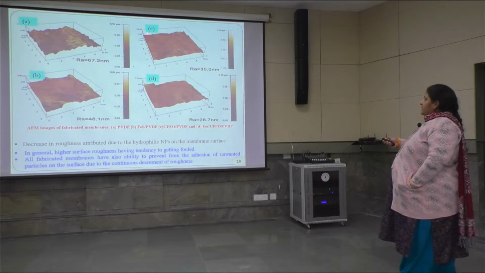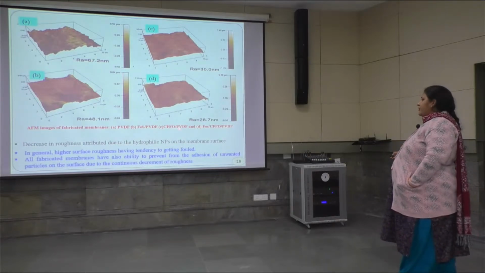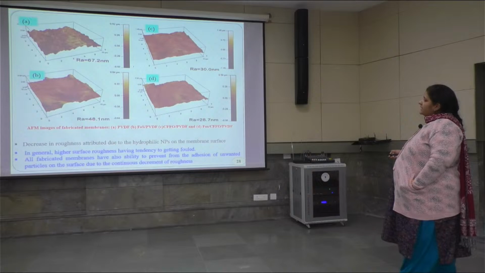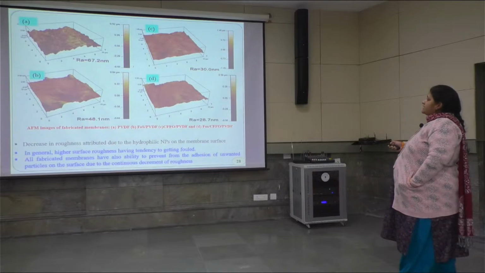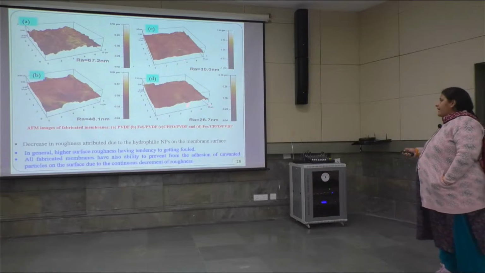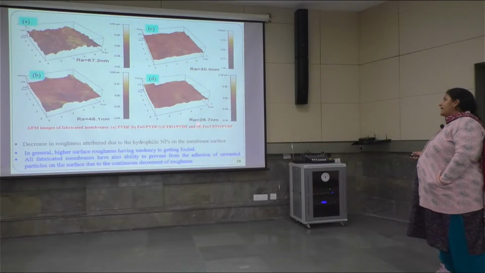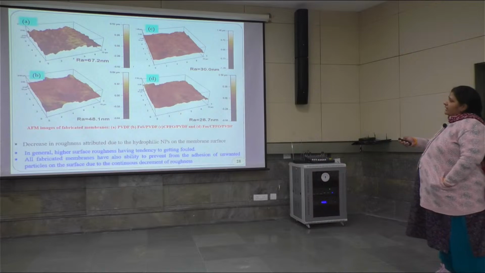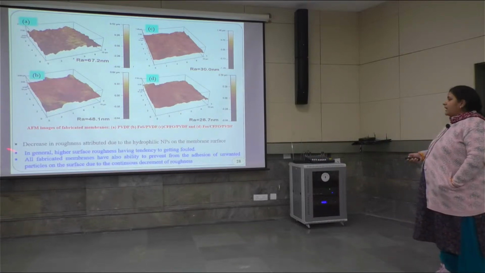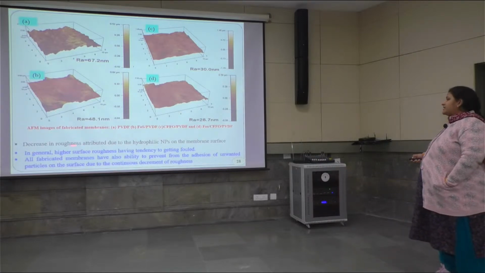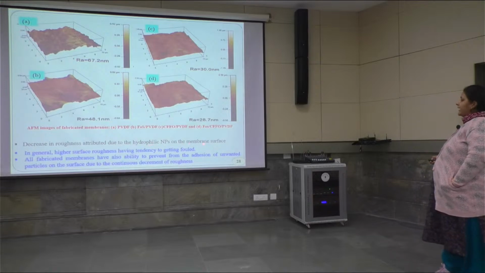In the case of C, which is CFFO PVDF, the roughness decreases again from 48 to 30, and in the case of the membrane embedded with both nanoparticles, the roughness is 28.7, which is lower than all these three membranes. So we can see the decrease in roughness is attributed to the hydrophilic nanoparticles on the membrane surfaces.